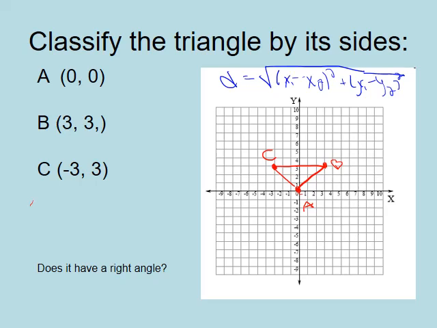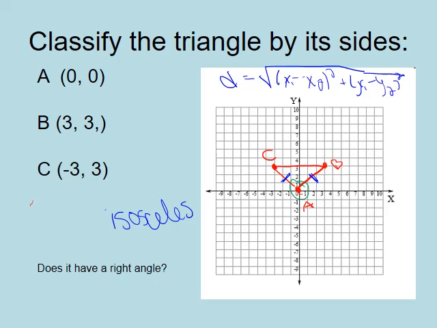But if we were to do that for each of the 3 sides, we would find that the sides AC and AB are congruent, but they're not congruent to CB. So that tells us that the triangle is going to be isosceles. But now we have to classify it by the angle. So far we have all acute angles, but angle A may be a right angle. It kind of looks like it.